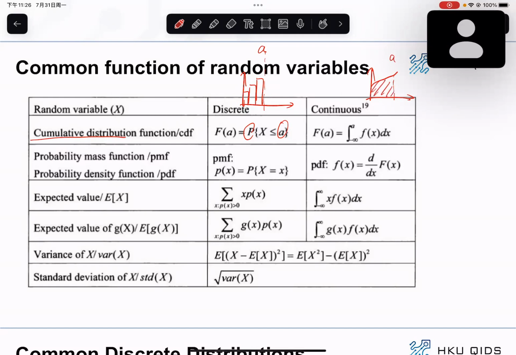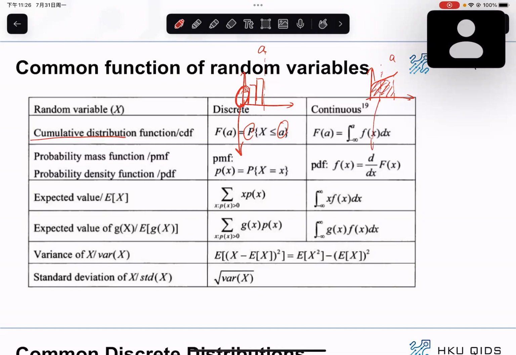And then the probability mass function for the discrete case, or the probability density function for the continuous case, is just one bar. It's just this one single bar for the discrete case, and for the continuous case, you can think of it as one minimum divisible line within this area.